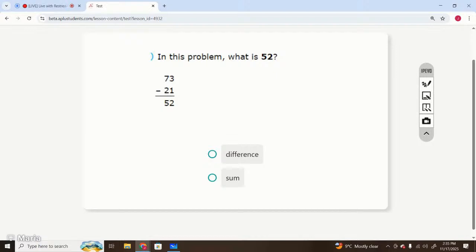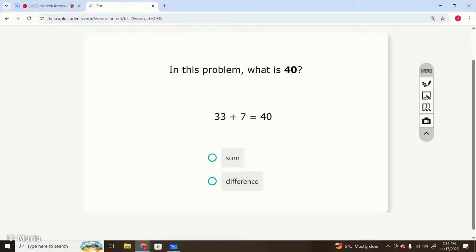So we are subtracting 73 minus 21. So the answer 52. 52 is the difference of 73 and 21.